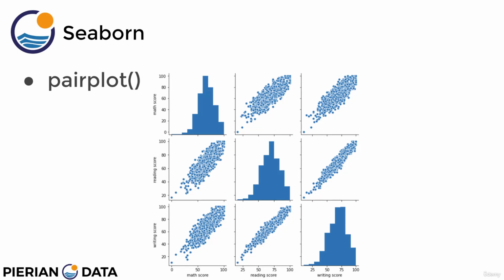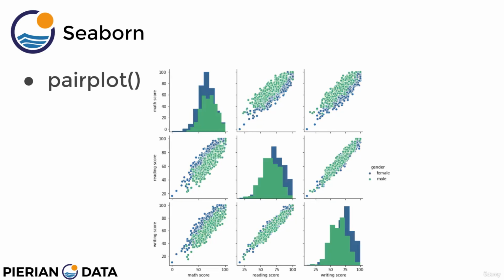Then we can see the scatter plots for all the possible combinations of these numerical columns. I can see reading score versus math score, writing score versus math score, and then writing score versus reading score. Because of the way this is set out, you'll notice that it's essentially mirrored across the diagonal because the math score versus reading score is going to be the same as reading score versus math score.